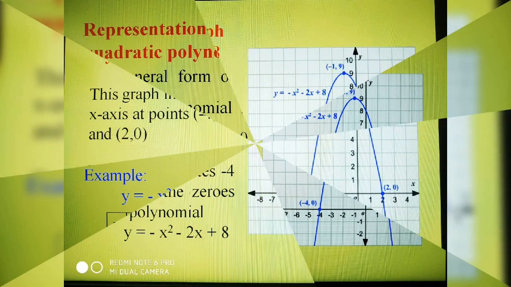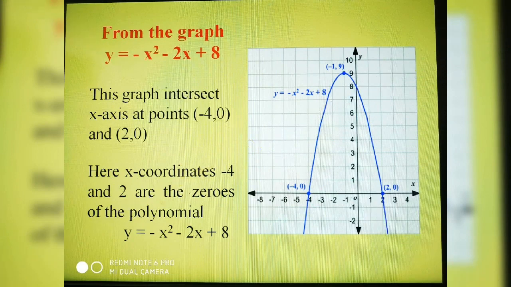Here in this figure, the graph intersects the x-axis at points (-4, 0) and (2, 0). Here x coordinates minus 4 and 2 are the zeros of the polynomial y is equal to minus x square minus 2x plus 8.